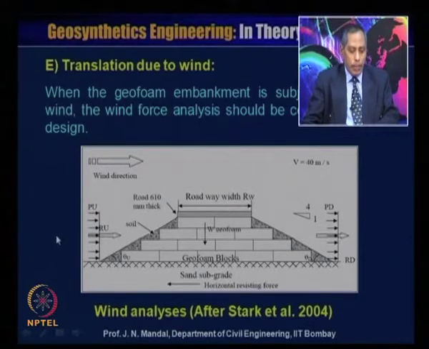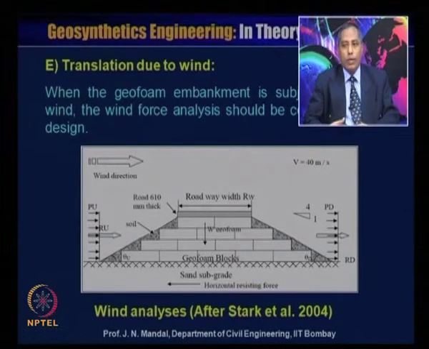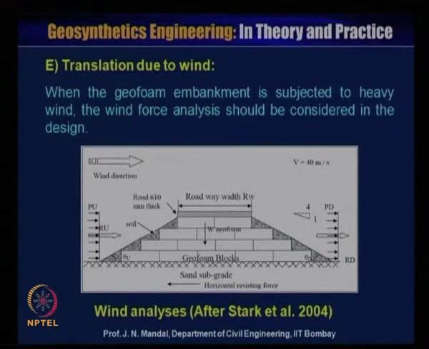So, this is R of U, the upwind force, and this side is R of D, which is called the downwind force. Now, we will analyze when the geofoam embankment is subjected to heavy wind; the wind force analysis should be considered in the design.